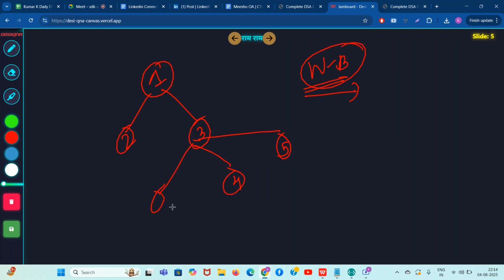Or let's say 1, or let's say 2. Let me write here, write it as 2. Or let's say 1, 2, 3, 4, 5, 3. Convert it to a white black tree immediately.